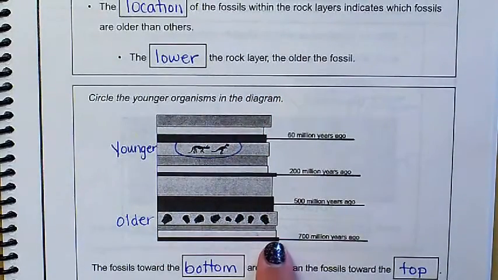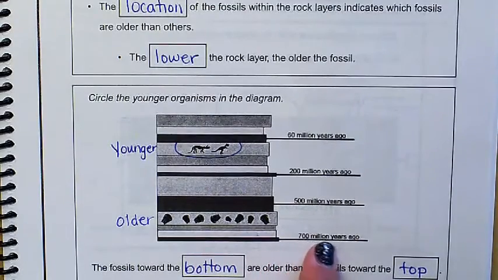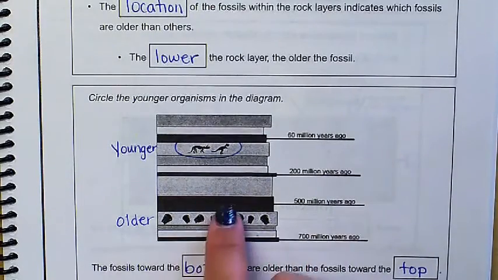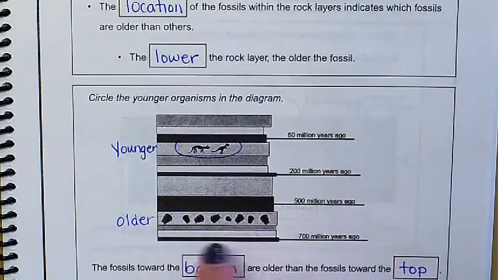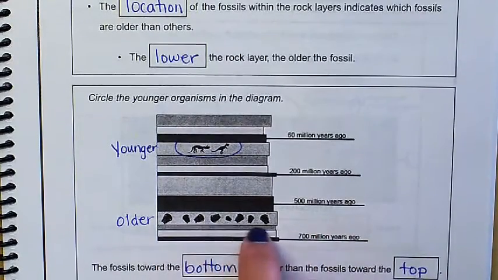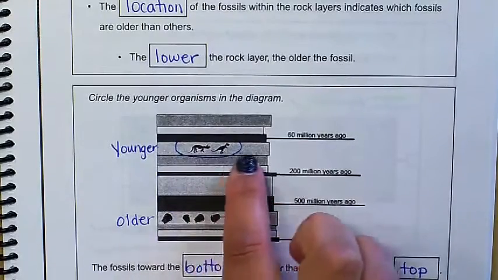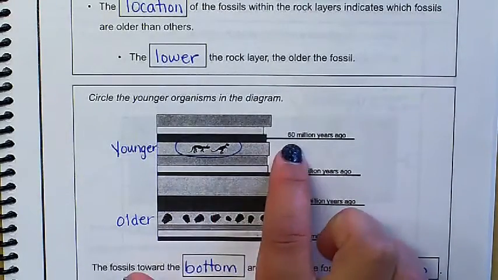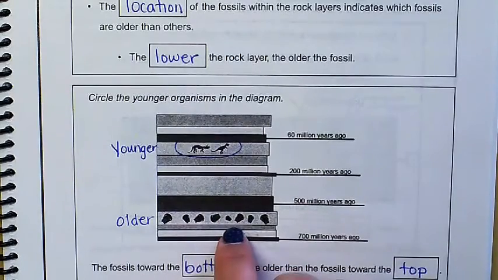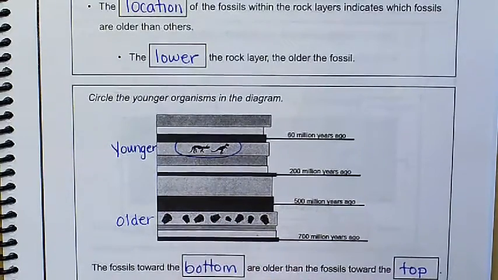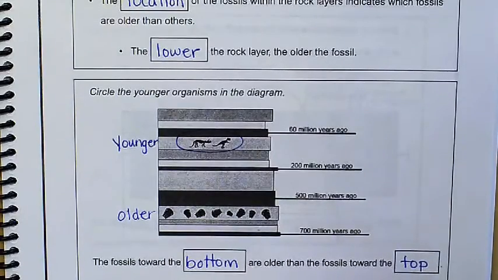So down here in the bottom, if we know that this layer is about 700 million years old, and we know that this layer is maybe 500 million years old, we know that these fossils are somewhere in between that age range, and any fossils that we find up here at the top are going to be younger than these fossils down here at the bottom, which are older. So again, the fossils toward the bottom are older than the fossils towards the top.